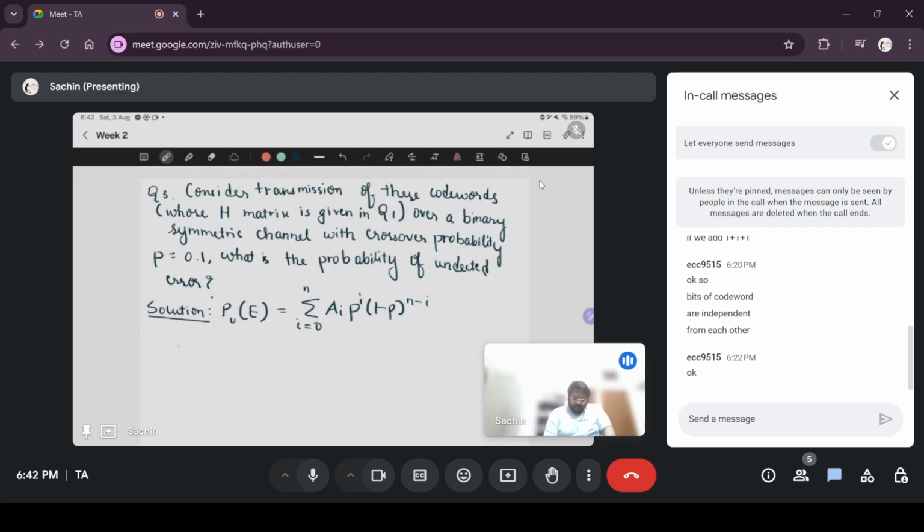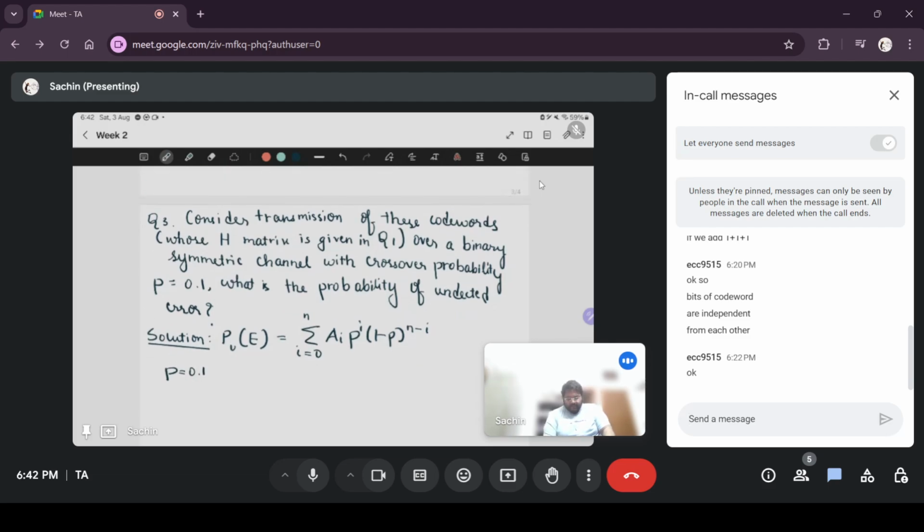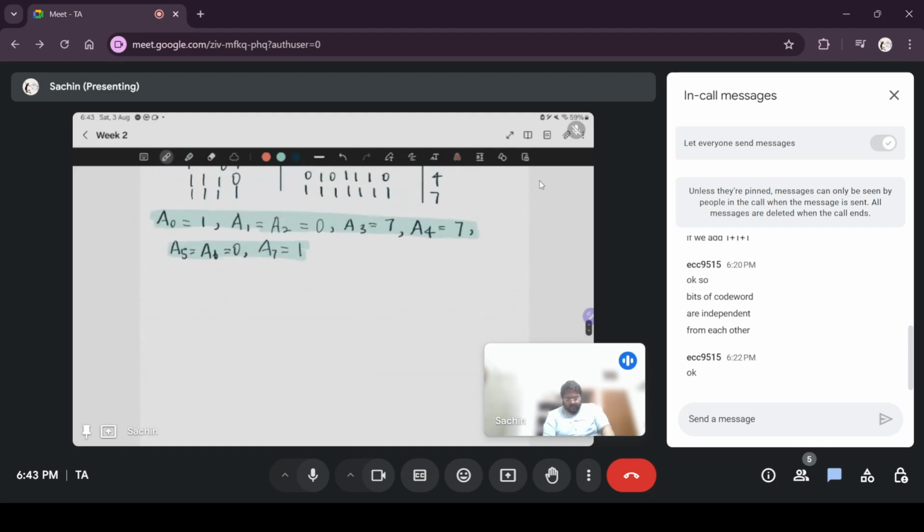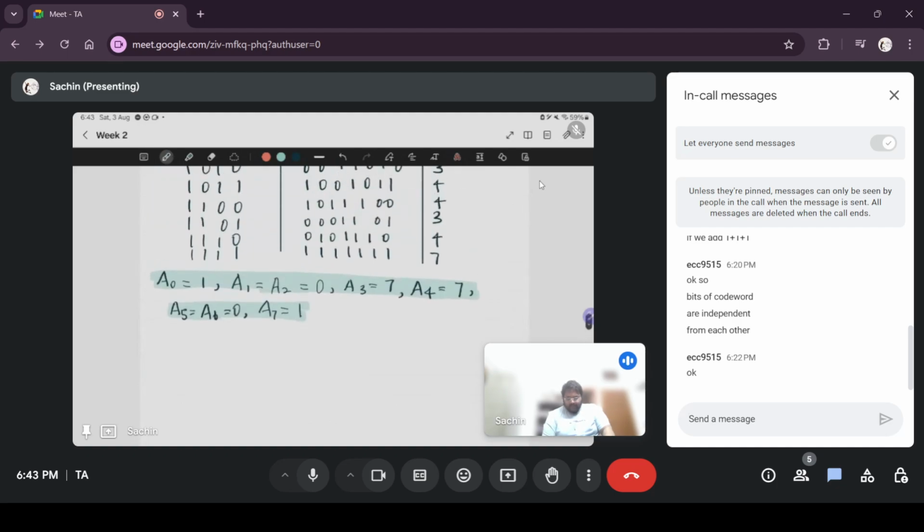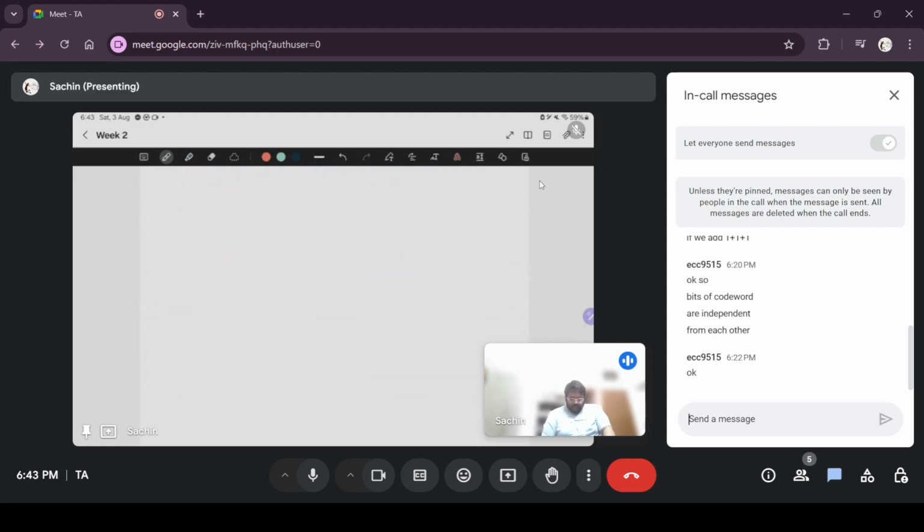So now they have given p is equal to 0.1. You calculated the weight distribution a_i for 0 to n in the previous problem. You have to just plug in the values. So here a0 is 1.